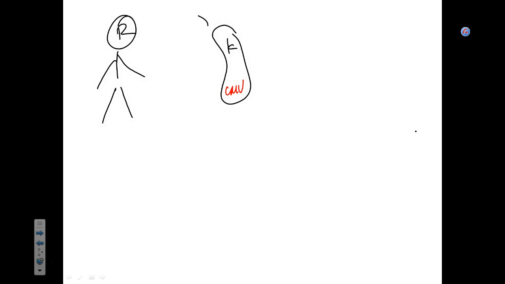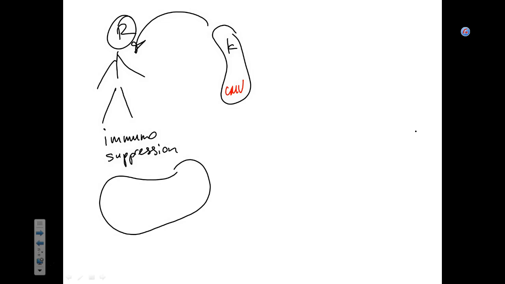So the CMV goes into the patient after immunosuppression. The kidney will start to churn out active CMV. Okay, it's going to have the acute CMV infection.